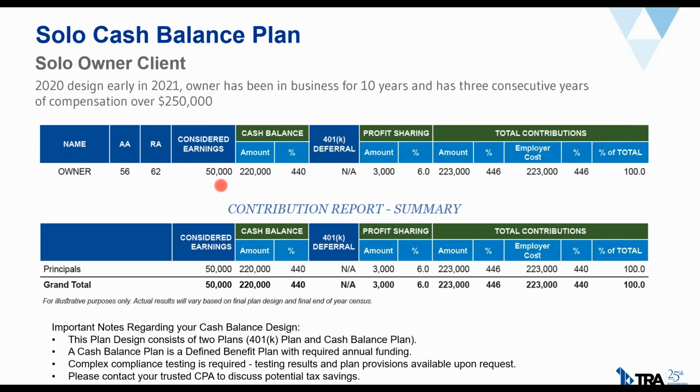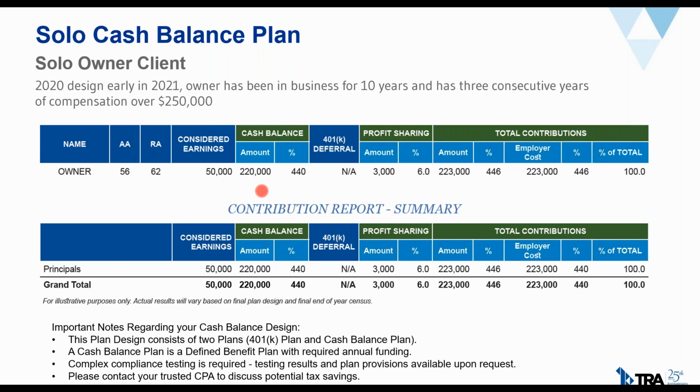And in fact, it turns out this is a real estate agent who's been very successful over the last 25 years. So they've been in business well over 10 years, and they had many consecutive years of compensation over $250,000.